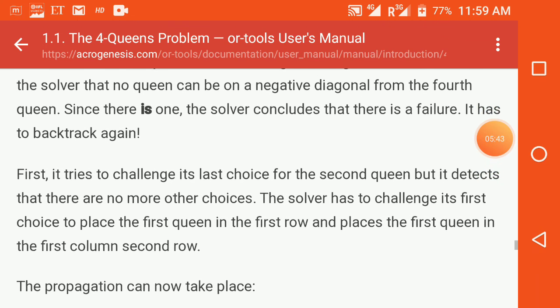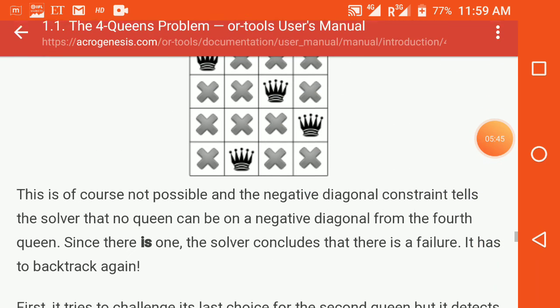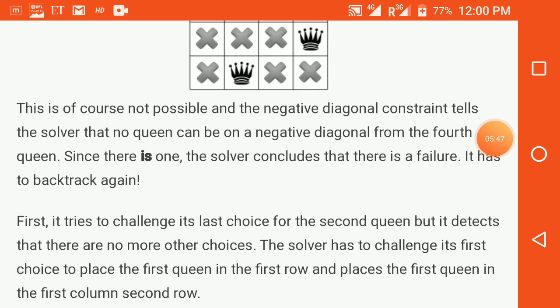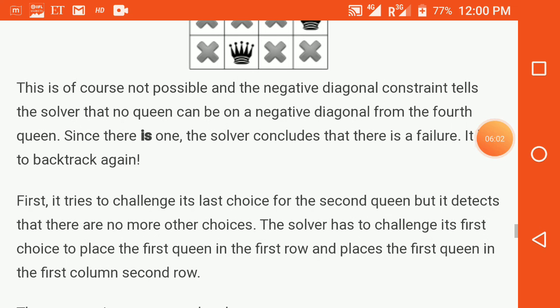The negative diagonal constraint tells the solver no queen can be on the negative diagonal, so the solver concludes there is a failure and backtracks again.